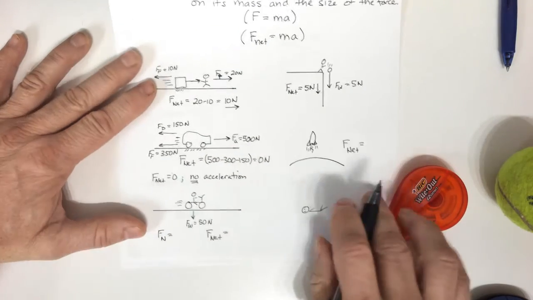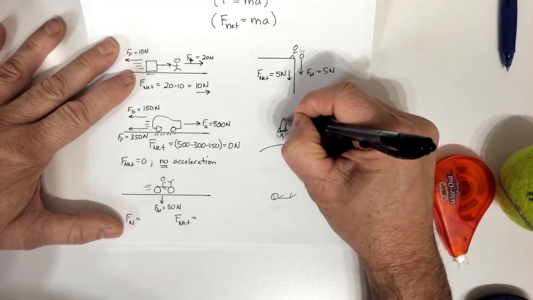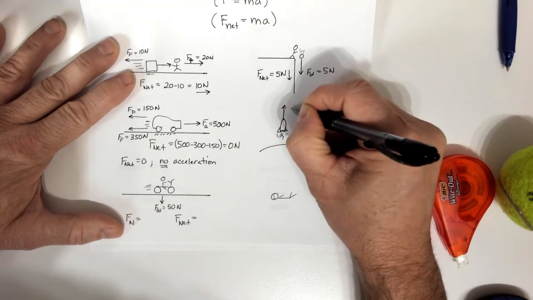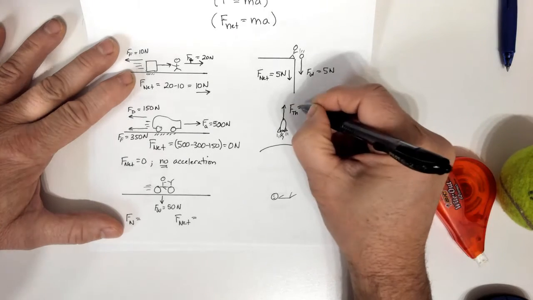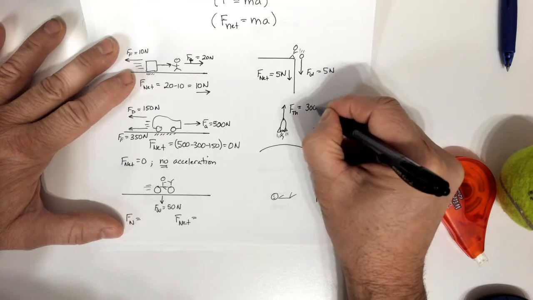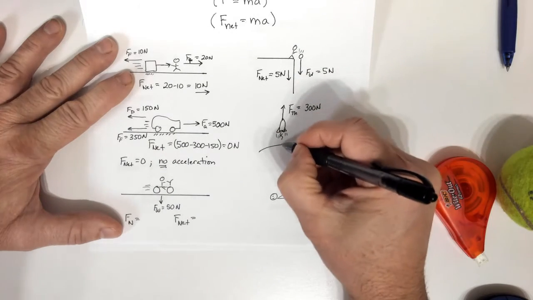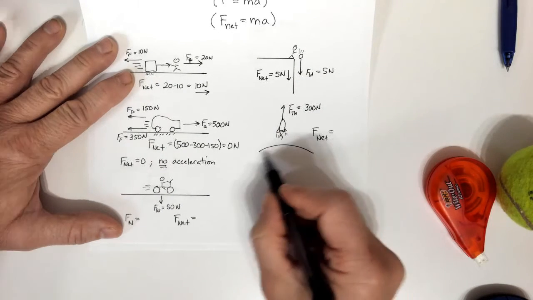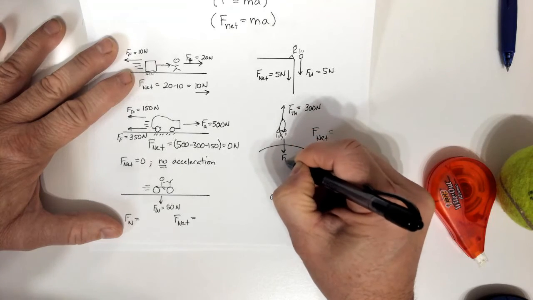Okay? Let's look at this rocket taking off in the air. And let's say this rocket has some thrust, so force of thrust, and let's say that that is around 300 newtons. Okay? And let's say that there is a force of weight, because there's a planet and a gravity, so we have force of weight acting down, Fw.